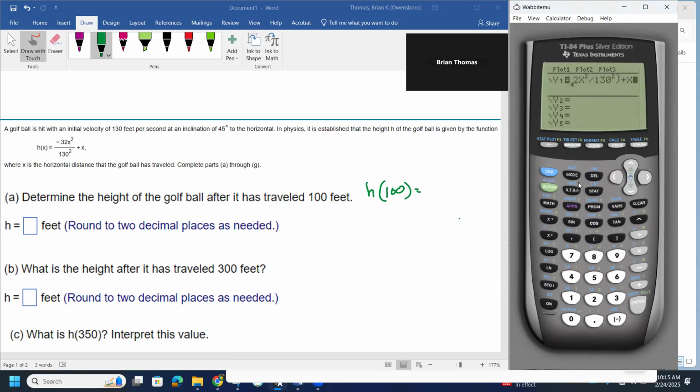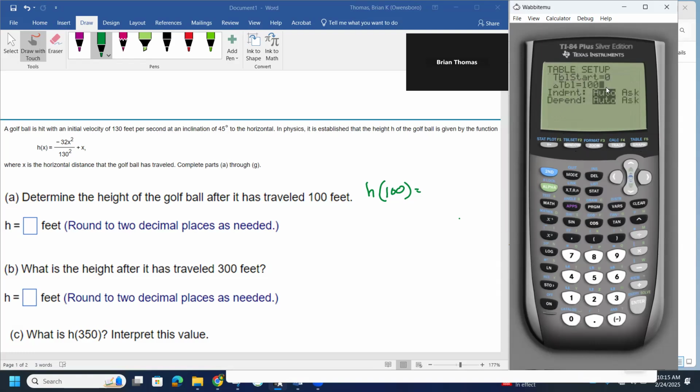So what I can do is go to my table, but right now my table is going by 0, 1, 2, 3, 4, and so on. But really what I need is h(100). So let's change how this counts by. Under table set, I'm going to change my table to count by hundreds.